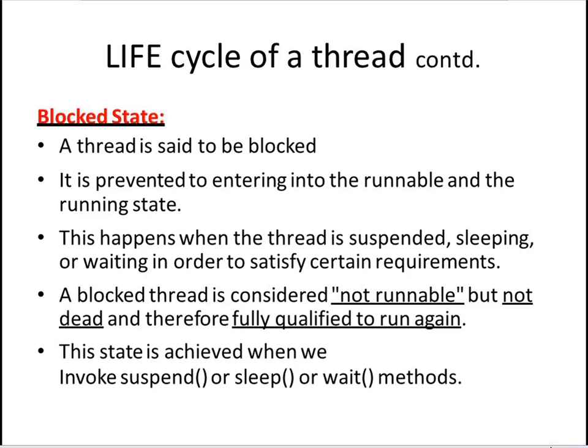A blocked thread is considered not runnable but not dead. This is not the dead state and therefore it is fully qualified to run again. Once the resources or dependency or requirement is fulfilled, it again moves to the runnable state. This state is achieved when we invoke the suspend, sleep or wait method in a program.